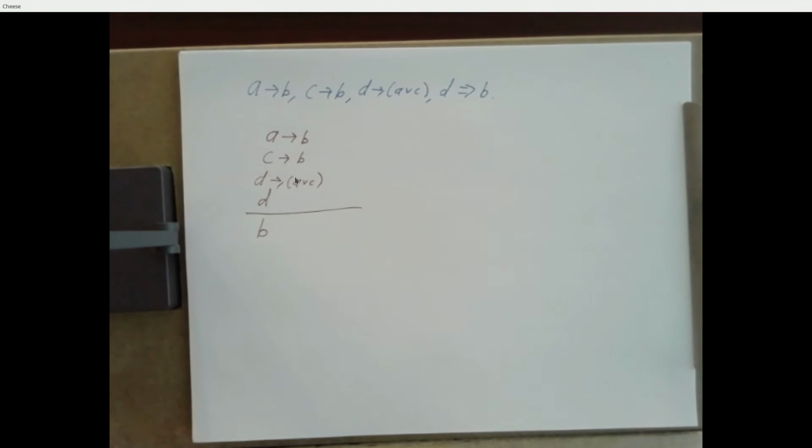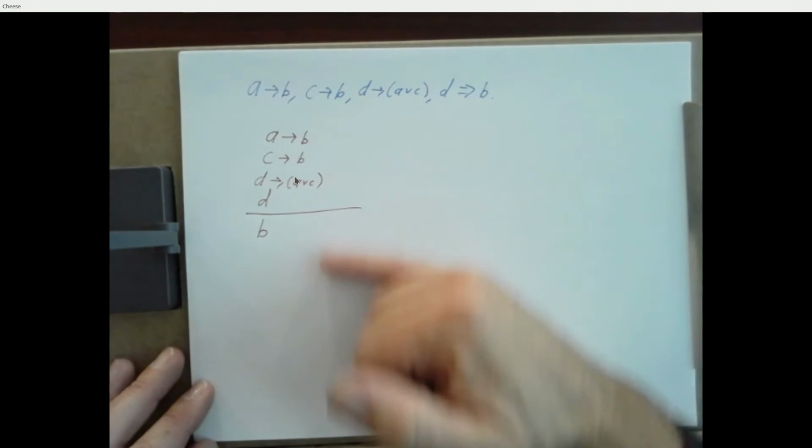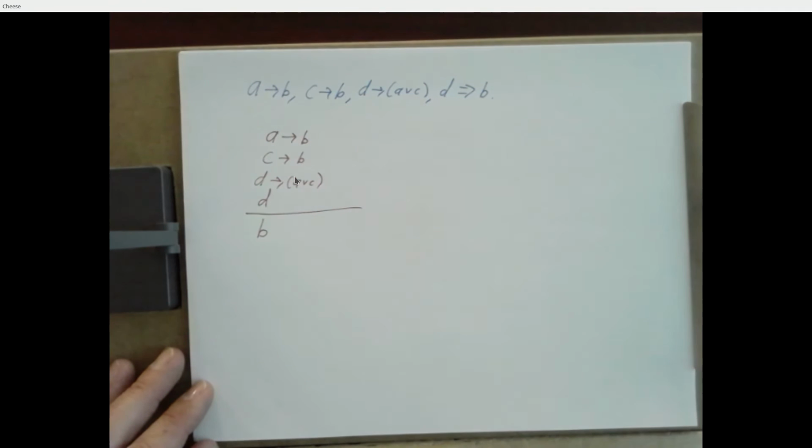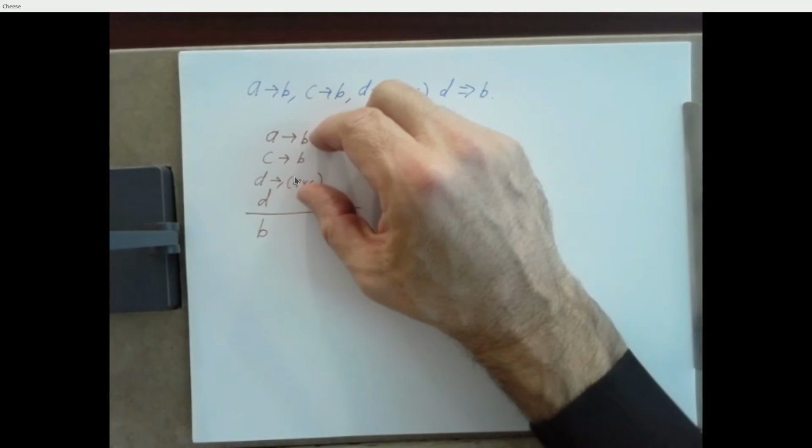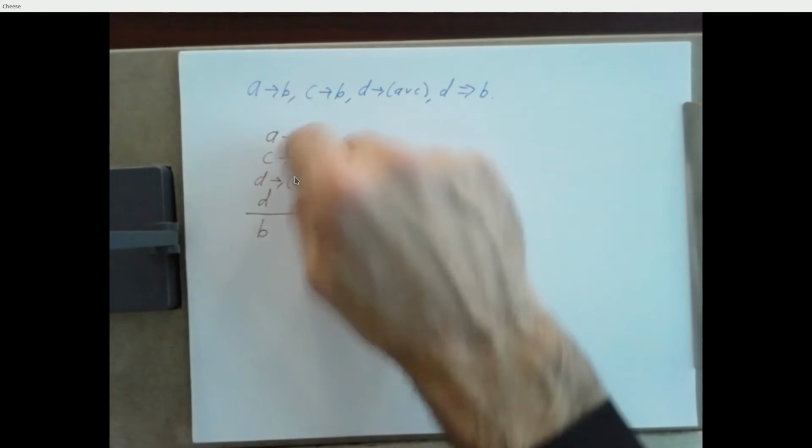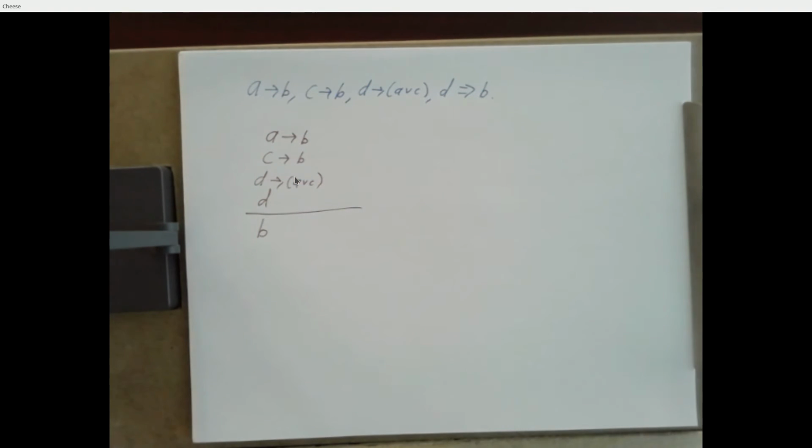Okay, so the first thing I would do is write it into this form because there's less chance of confusion. And if you want to do a direct proof, you kind of stare at these and say, is there any way that I can get B from these things? Right? In a direct proof, we start with what we know, which are the hypotheses, and we try to get the conclusion.